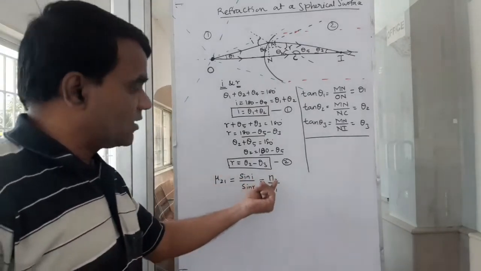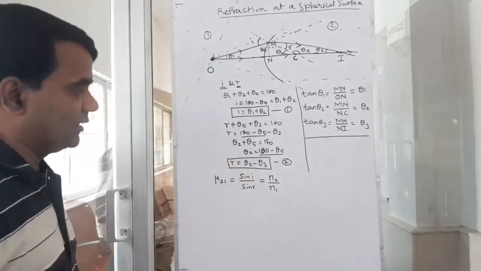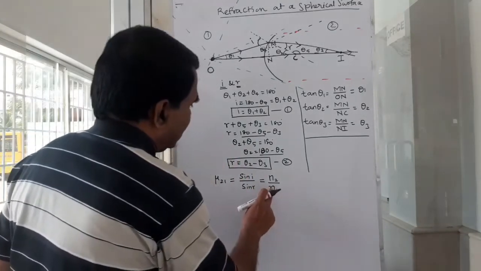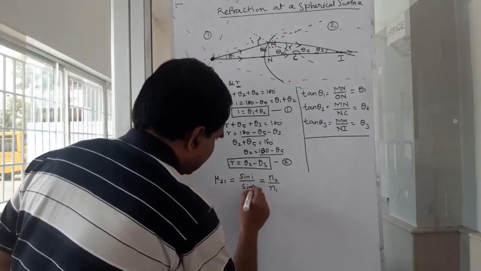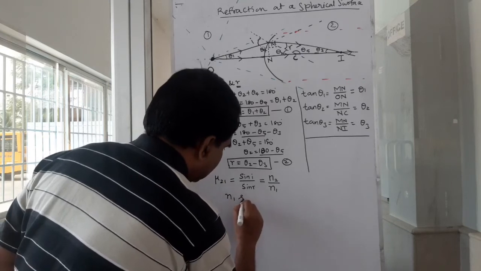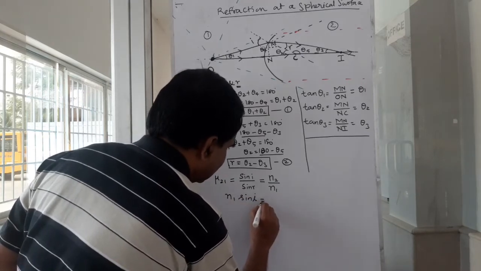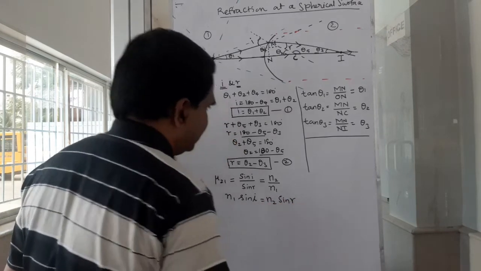These are the general numbers that you use, 1.33, 1.5. So now if we use this, then I'll get n1 sin I is equal to n2 sin R.